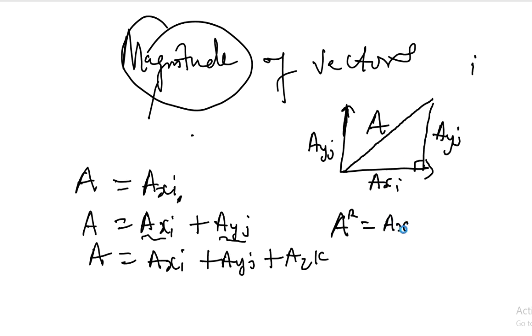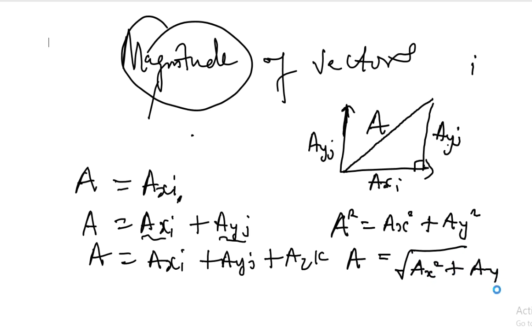Our interest is in these vectors: AX, the vector along the x-axis, and AY, the vector along the y-axis. So you have AX square plus AY square, and A is the square root of AX square plus AY square.